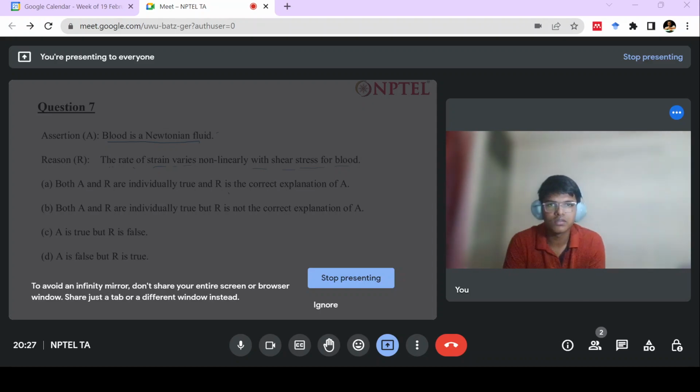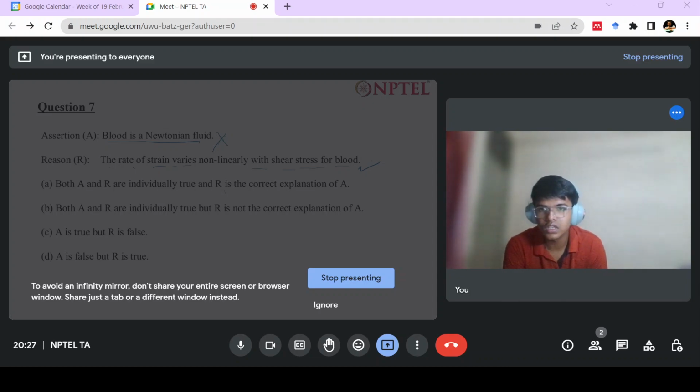It's not Newtonian. So these two statements, A and R, are contradicting. Why? If the rate of strain varies non-linearly with stress, this is basically the definition of a non-Newtonian fluid. So this R, the second statement, is therefore true. This is true. This is false.